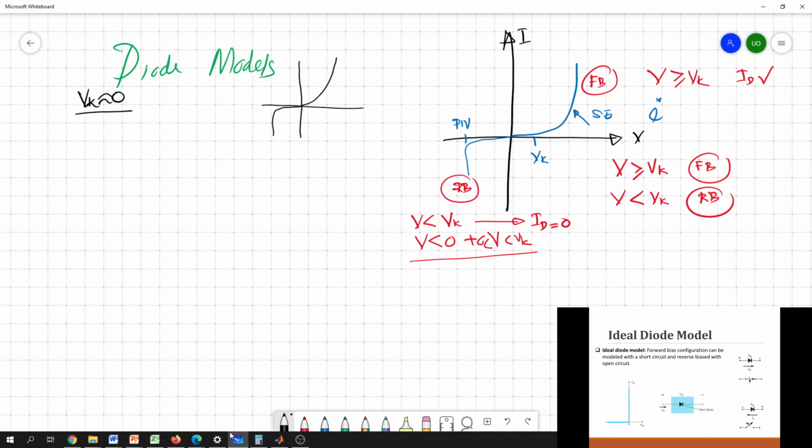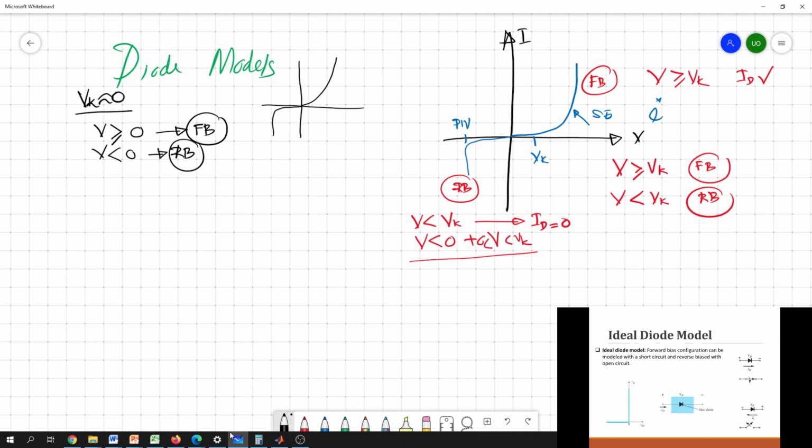Then we can claim that if the voltage across the diode is greater than or equal to 0, then the diode is in the forward bias region. If this is less than 0, that is in the reverse bias region. So these are very simple arguments or logic.